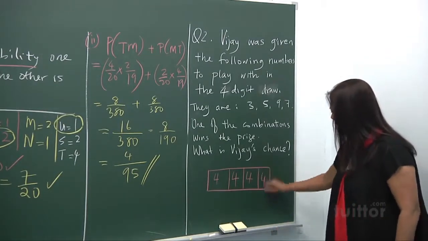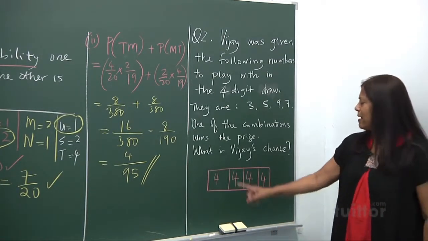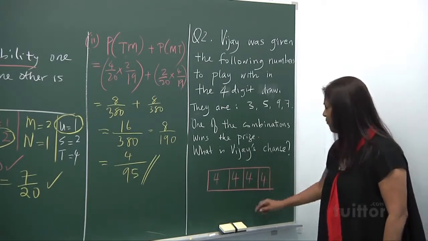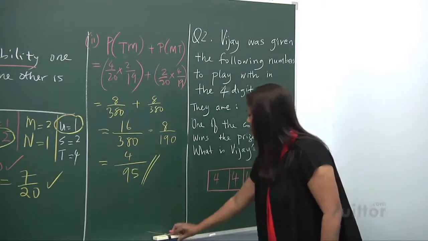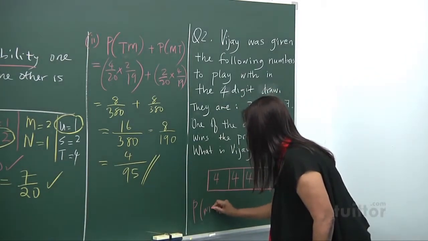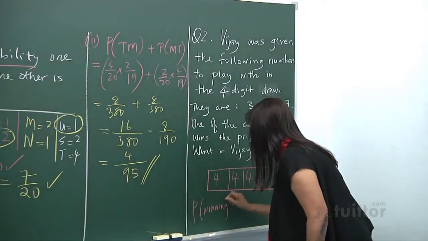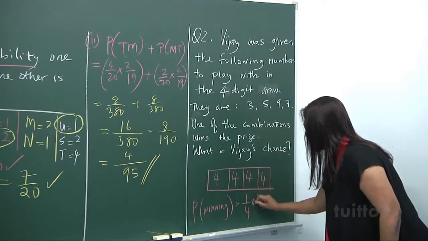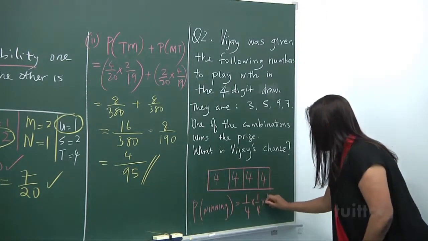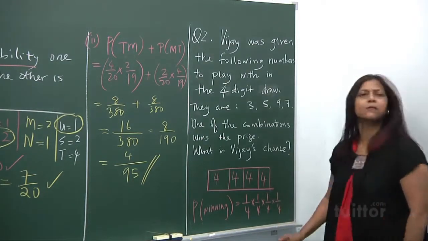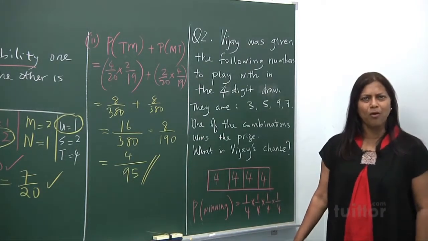And here again, any 4. So the probability of winning in the first box is 1 out of 4. Second box, 1 out of 4. Third box, 1 out of 4. Fourth box, 1 out of 4.